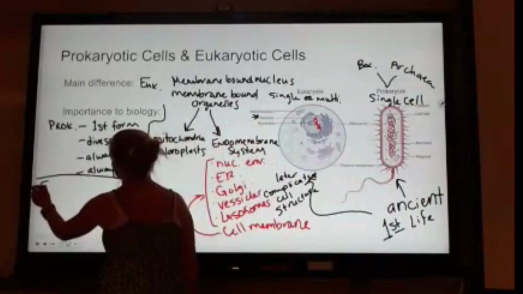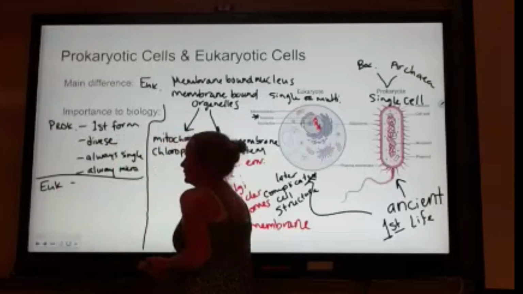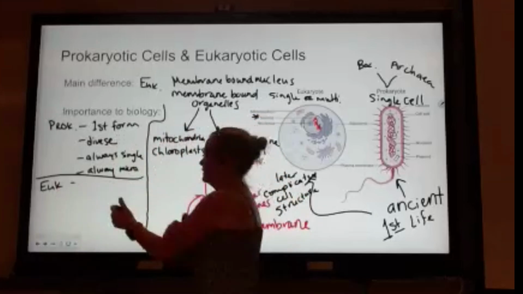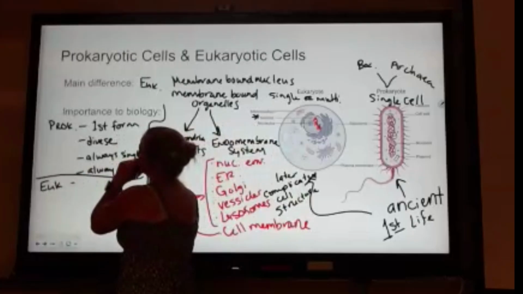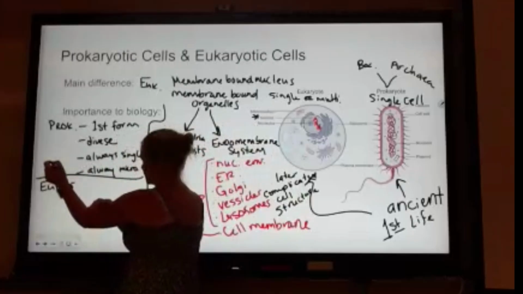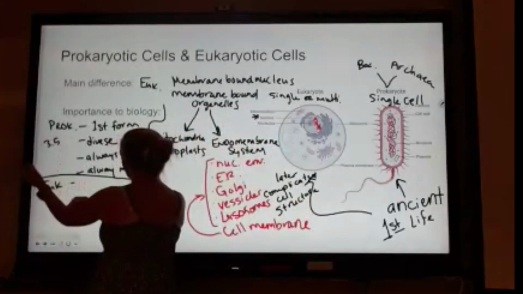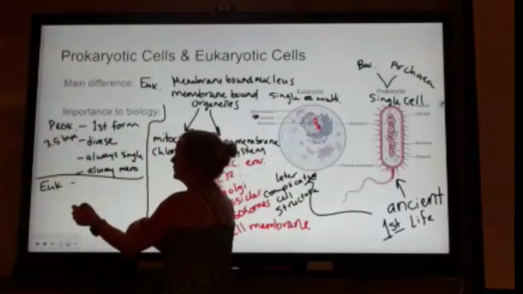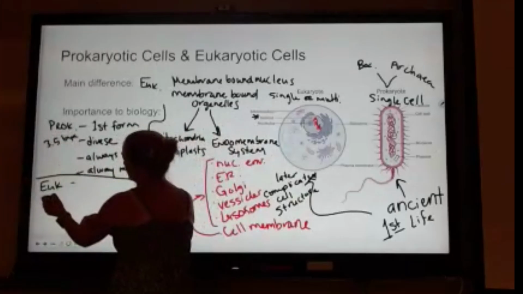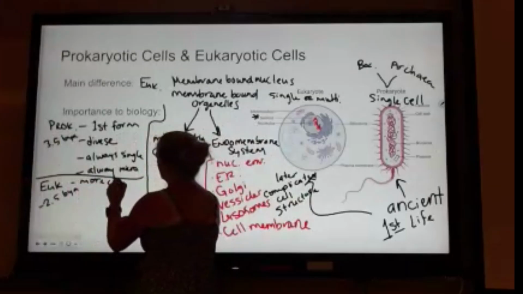Eukaryotic cells. These are again the more complicated, more evolutionary advanced. Let me go back. So prokaryotes, we see evidence of those 3.5 billion years ago. Eukaryotes are about a billion years later. So these are more complicated.